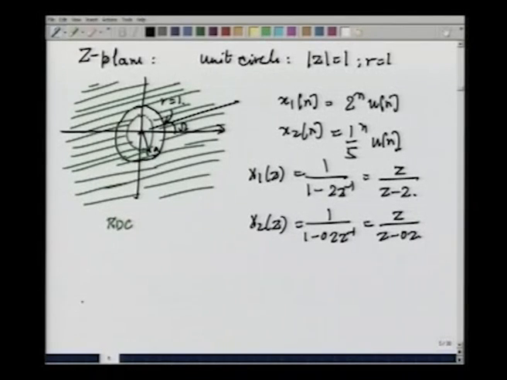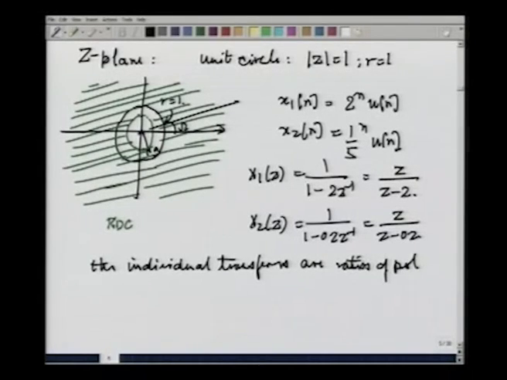We can see two things. First, that the individual transforms are ratios of polynomials in z. That's the first observation to make.